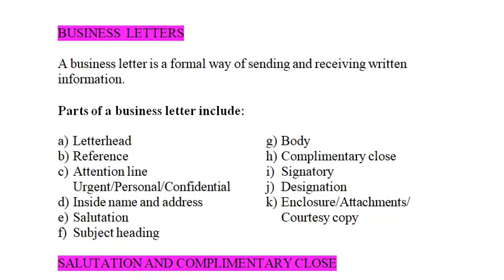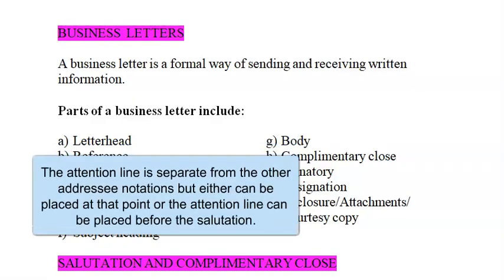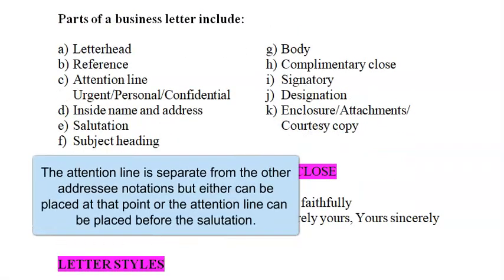So we're now going to look at business letters. A business letter is a formal way of sending and receiving written information. It includes various parts, and it starts off in the same order as you see here from A to K, with the letterhead, followed by the reference if there is one, then the attention line. Now the attention line can have some things there.